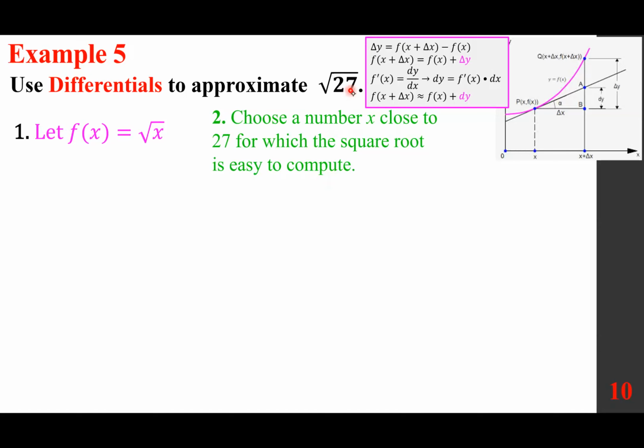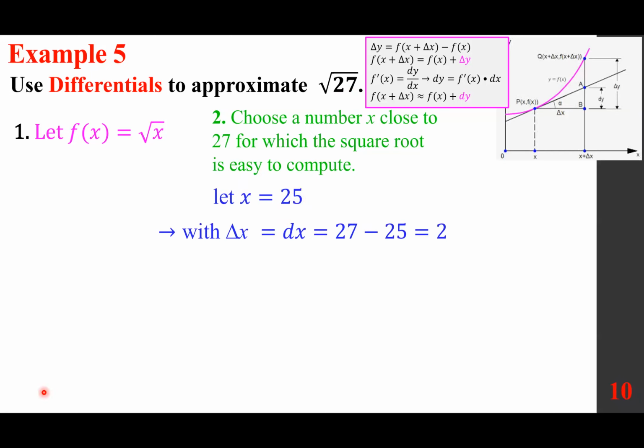Perfect. 25, because everybody knows the square root of 25 is 5. So if you choose x to be 25, what is your delta x? You're going to go from 25 to 27, so it's positive 2. 27 minus 25.